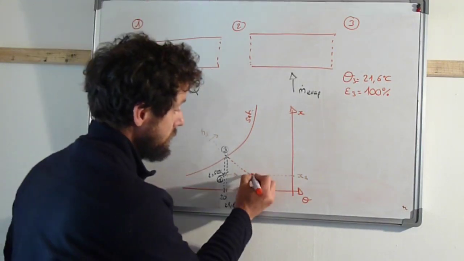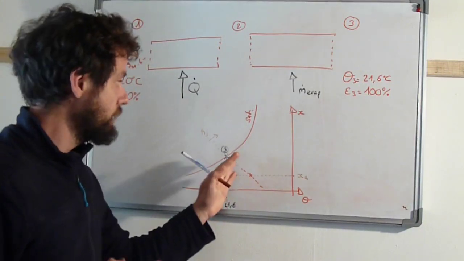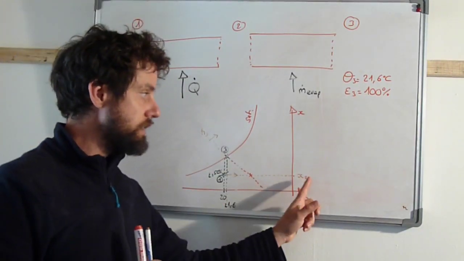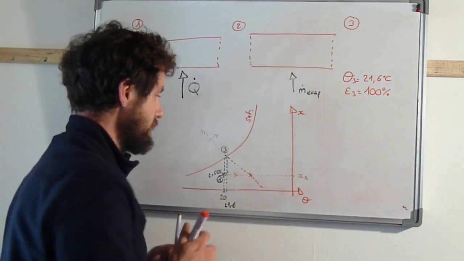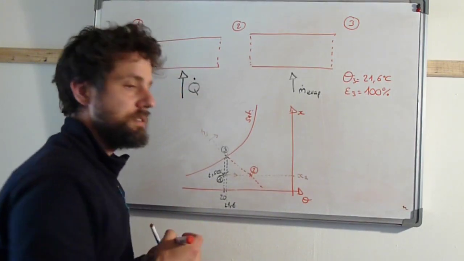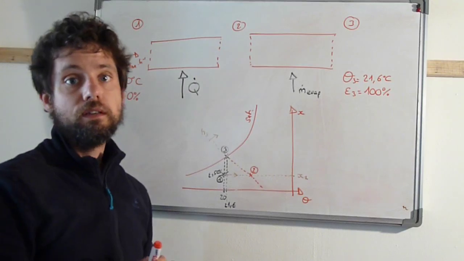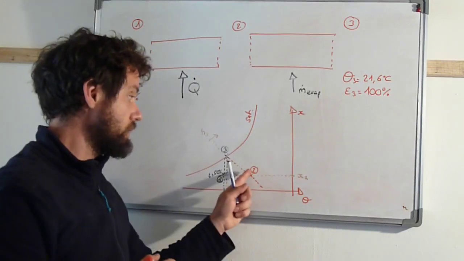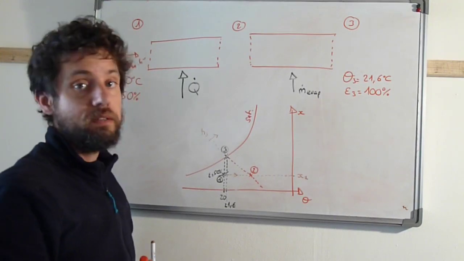So then the place where this isoenthalpy line and the iso moisture content line from point 1 are crossing defines exactly what is the state of point 2 between the two parts of the process. So then you can just read on the diagram the properties of point 2.